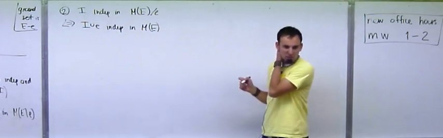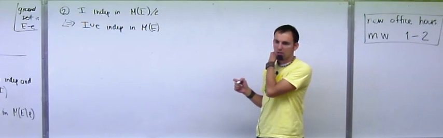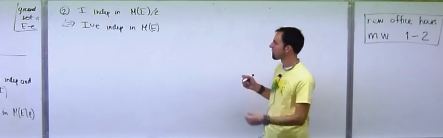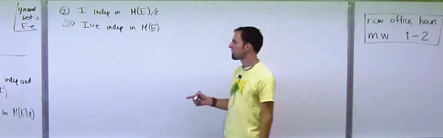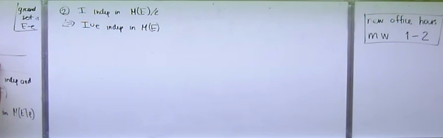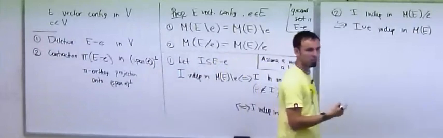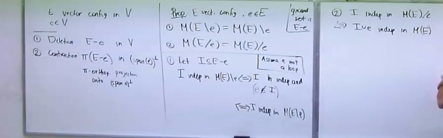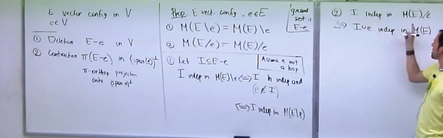And we said that this was assuming that E was not a loop. Okay. But so let me prove this for non-loops, and you guys can prove it for loops. So assume E is not a loop. If it is a loop, then it's easier.